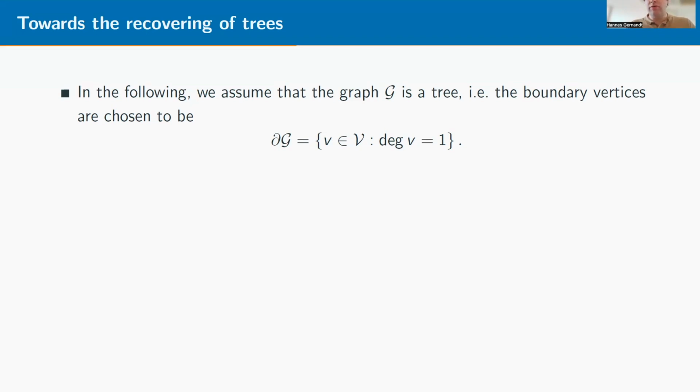So now we restrict to trees for this recovering procedure. Defining the Dirichlet-Neumann map can, of course, be done for arbitrary graphs. But now I go for trees, and for the tree, I can define a natural boundary, as you have seen before in this quantum graph picture, for instance. I take all the vertices that have degree 1 and say, this is my boundary.